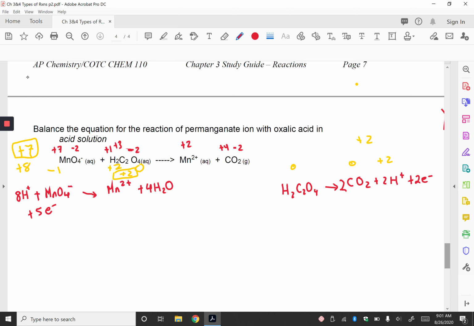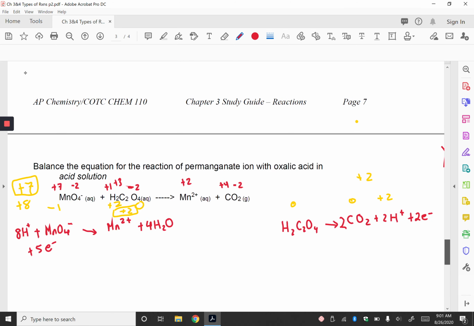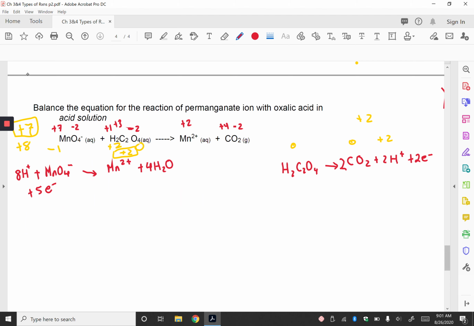Which takes us to the next step, step 6. If necessary, multiply one or both balanced half reactions by an integer to equalize the number of electrons transferred in the two half reactions. What does that mean? Well, since one is losing the electrons and the other one's gaining them, those electrons are being transferred from one to the other, so they have to be the same number of electrons, right? One loses a certain number, the other one gains that certain number.